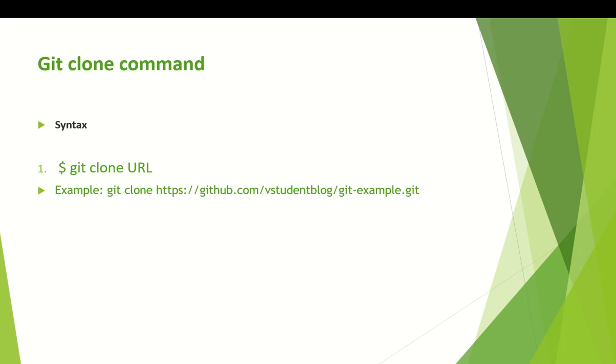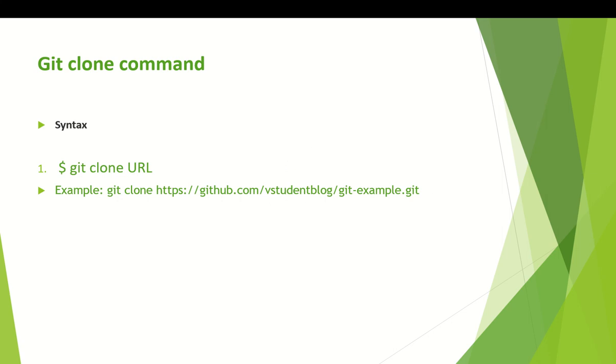If you want a local copy of the repository from GitHub, we run this command and it will copy the repository from the remote repository to the local repository. Another copy will be available, and a developer can work on it. Generally this is the syntax, and this is an example: git clone https://github.com followed by your repository name and files.